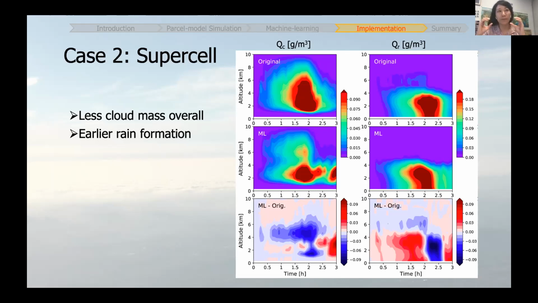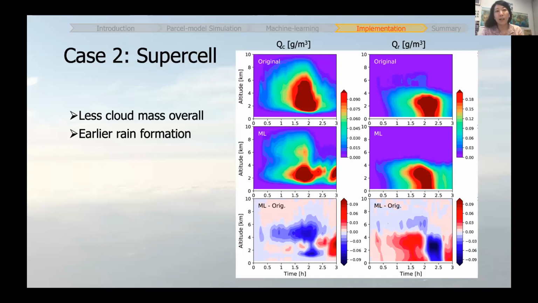Those parameterizations in the top row are a lot of times based on just simple observations and deducing the rate from the observations, or simply through lab experiments. But in reality, there's a lot of turbulence that can enhance collision coalescence and expedite the creation of raindrops. But that can only be realized in very detailed models, such as direct numerical simulations or BIM models that I base the machine learning on.